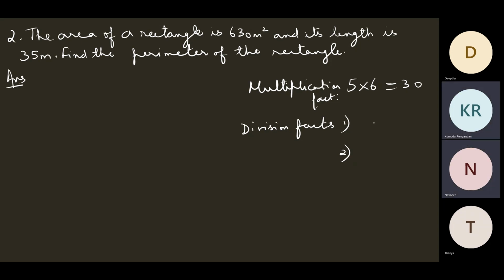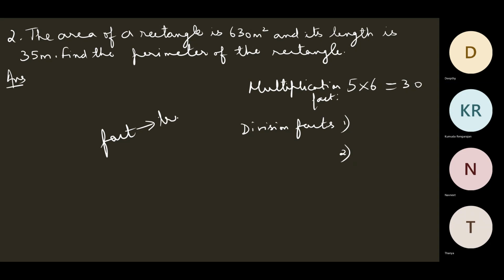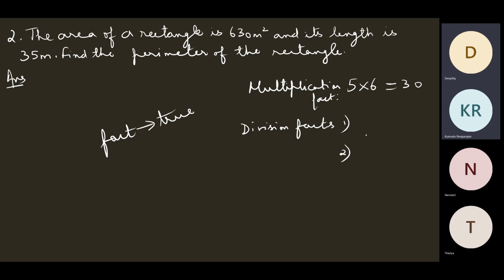Okay. So there's a multiplication fact given to you. Fact meaning something which is true. Ma'am, I wasn't able to unmute my mic. Okay, that's what I'm explaining now. A fact is a statement which is true.